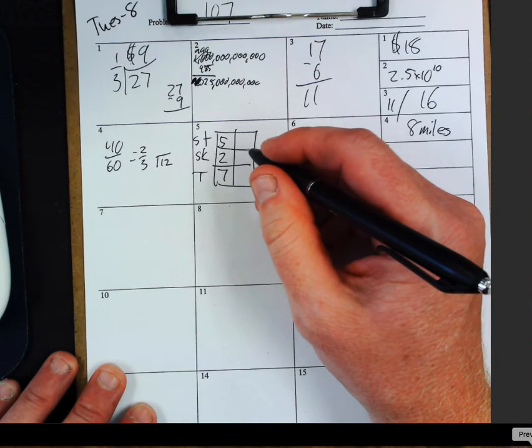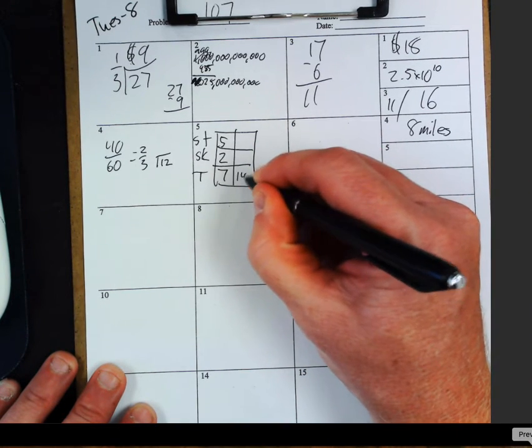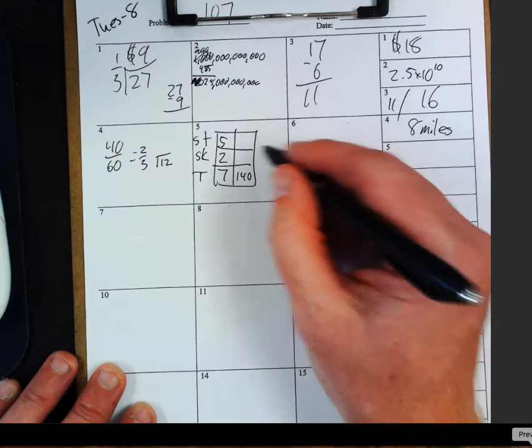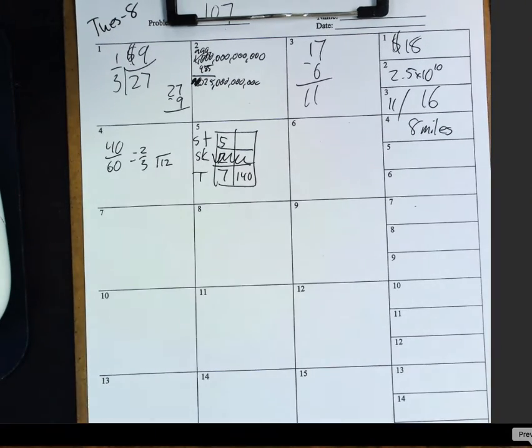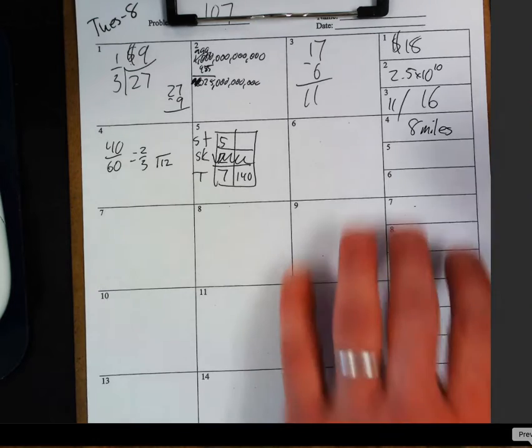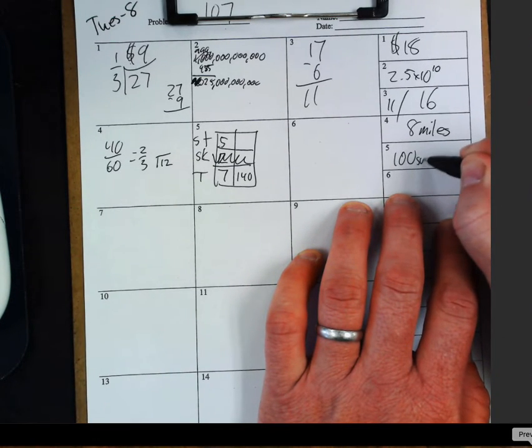I know there's actually 140. I'm after swallowtails. How'd I get from 7 to 140? Times 20, so I move to the top and do 20 times 5, which is 100.